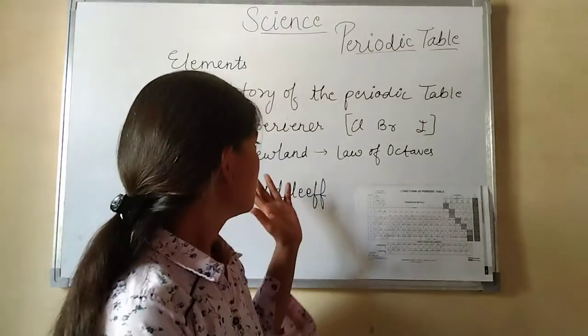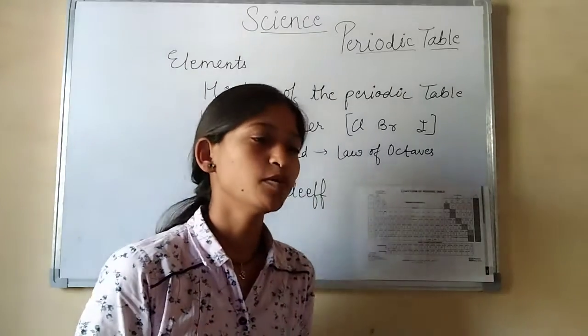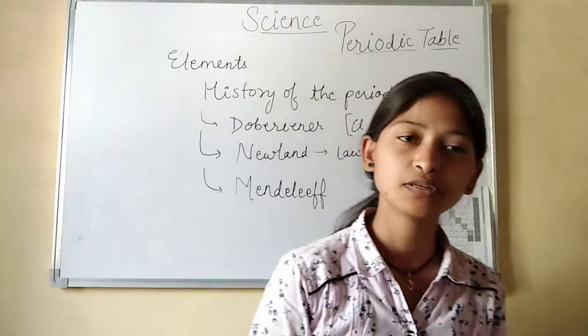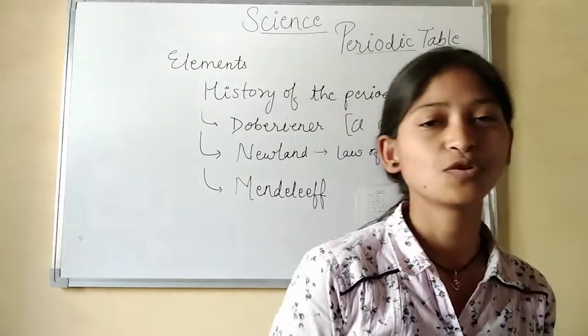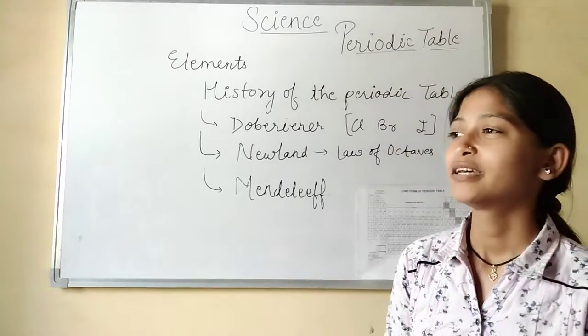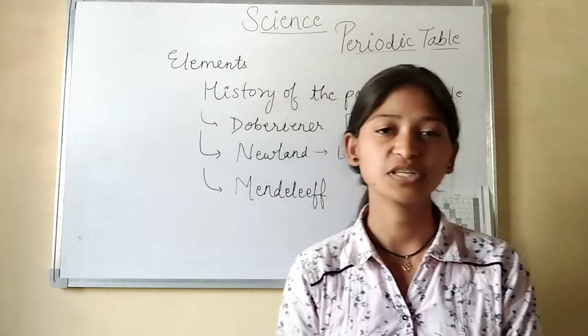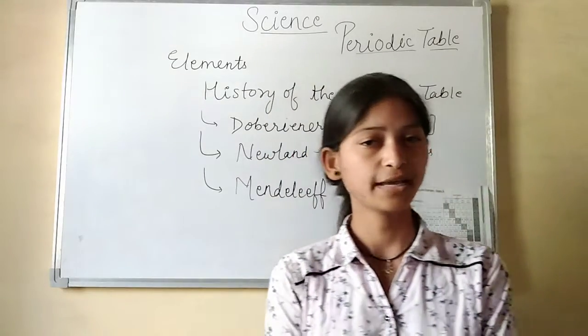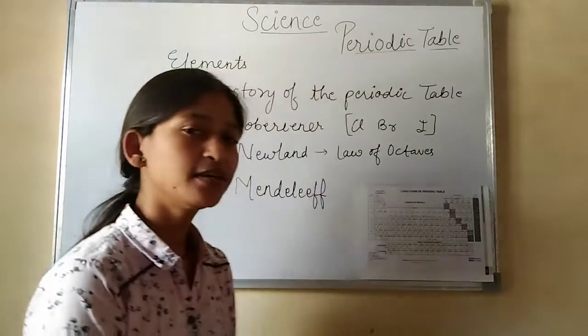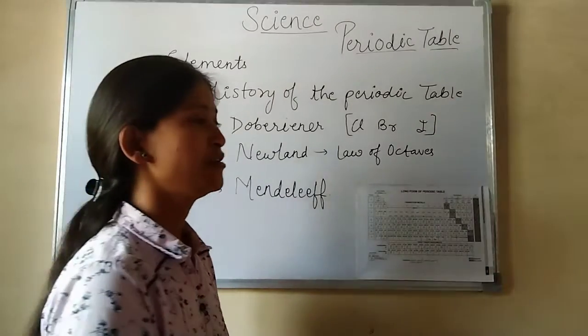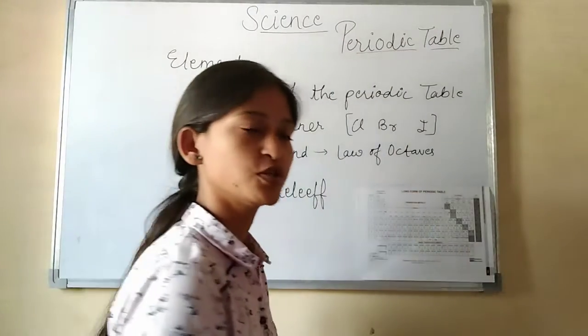This was called the law of octaves, but this proposal was also discarded because it was only applicable up to atomic mass 40, that is calcium. After that, Mendeleev's periodic table came into existence.